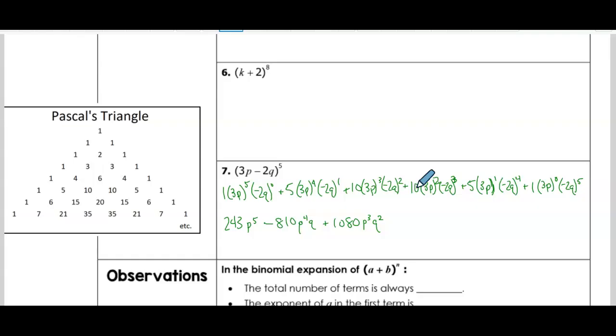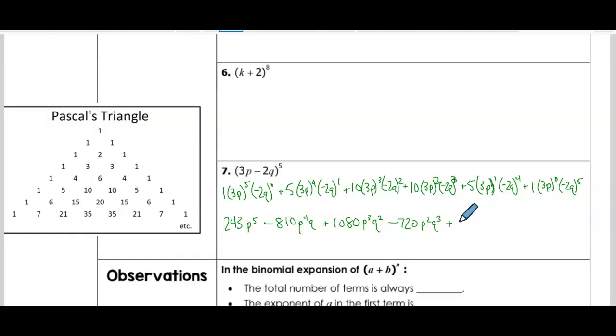Okay, 10 times 3 squared times negative 2 cubed. So that's a minus because of the odd power on the negative. And that will multiply out to 720. p squared q to the 3rd. Okay, 5 times 3 times negative 2 to the 4th, even power, so it's a plus. It keeps on switching as usual.